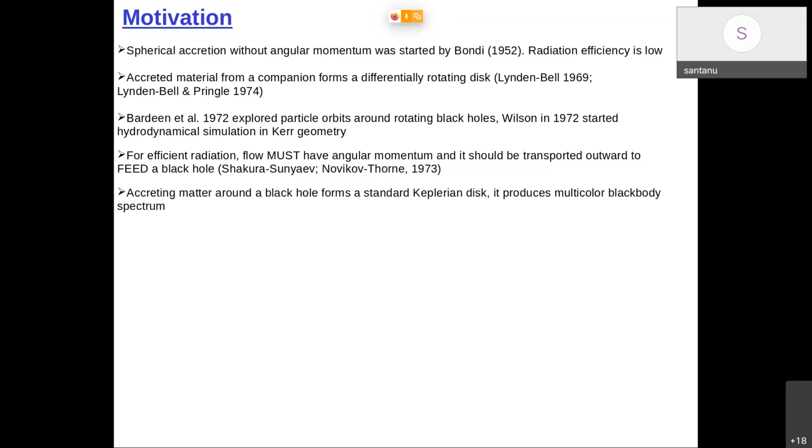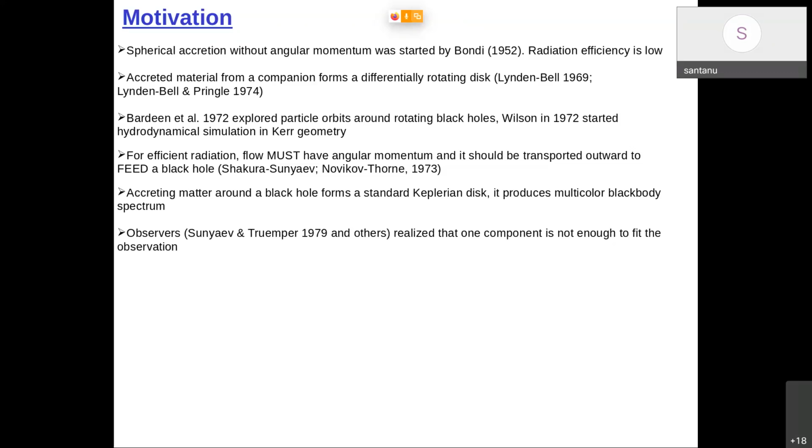So this matter falling onto a black hole forms a Keplerian disk, which produces a multicolor blackbody spectrum. Later, Sunyaev and Trümper and other observers realized that one component, the standard Keplerian component, is not enough.